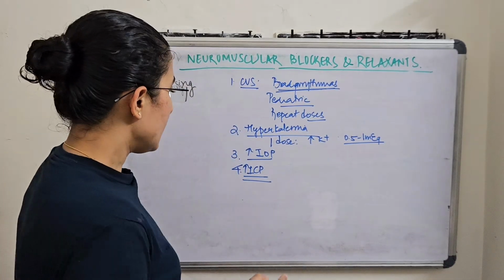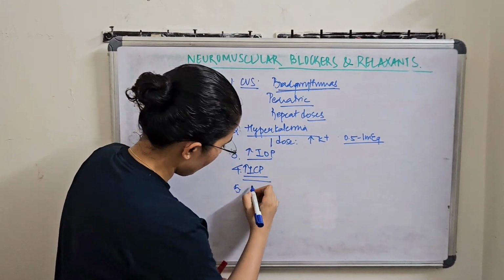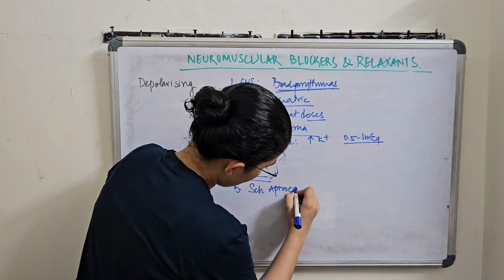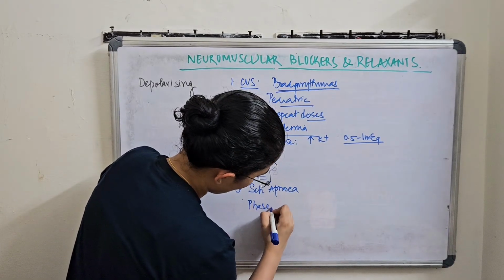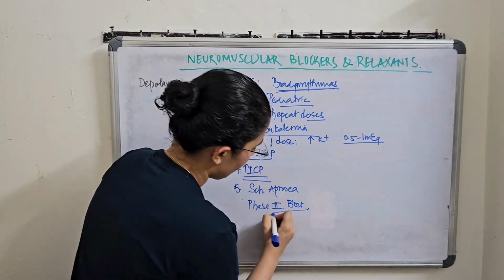Okay. Another important complication which we have to talk about is two terminologies, that is Scholen apnea and the phase 2 block. Okay. So what is Scholen apnea?